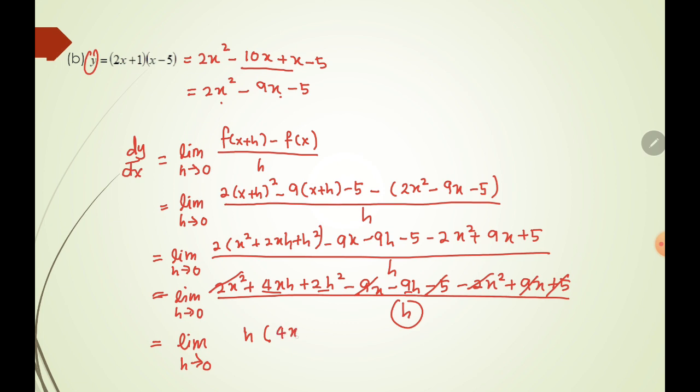We got h times (4x plus 2h minus 9) over h. So h over h equals 1. This is the function that is left. Because this is the limit when h approaches 0, when we substitute h equals 0 into the 2h, the last answer is 4x minus 9.